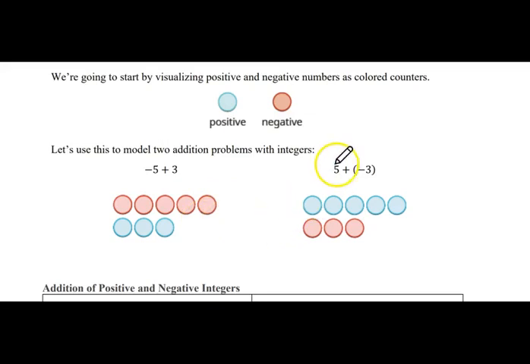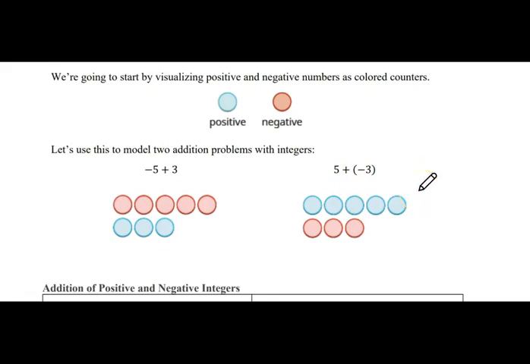When you add +5 to a -3, you have 5 blue circles representing a +5. You have 3 red circles. Each blue and red pairing will cancel each other, and we have the leftovers of 2 blue circles, meaning that 5 plus -3 will give you +2.